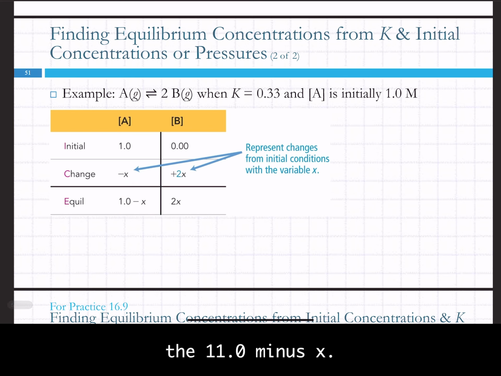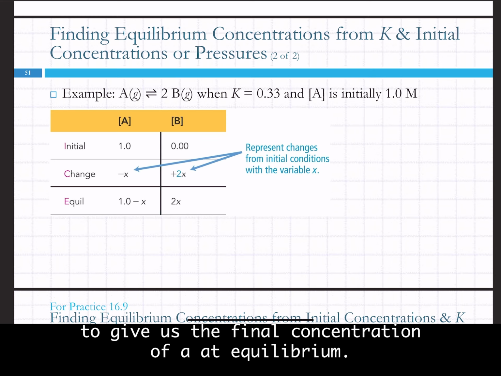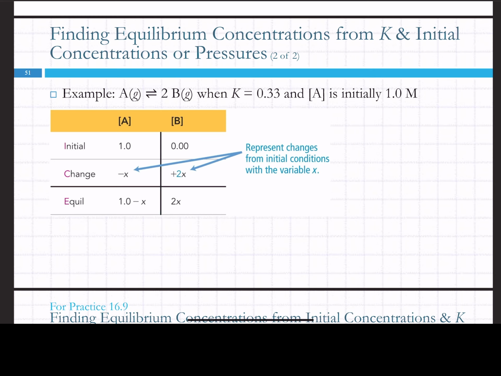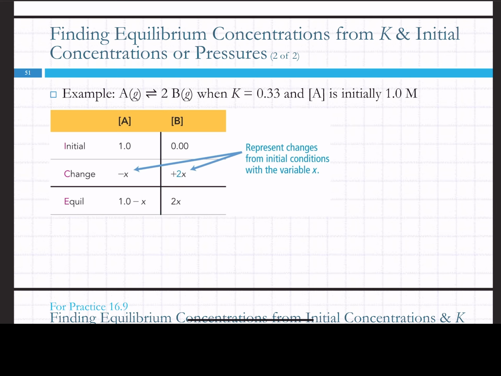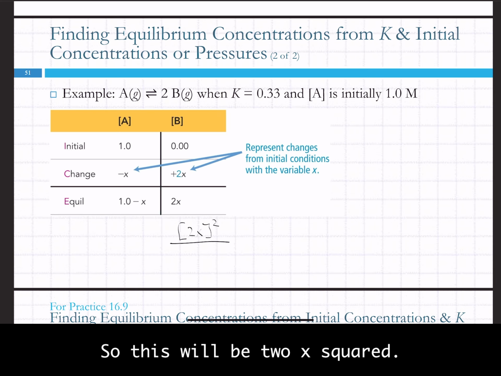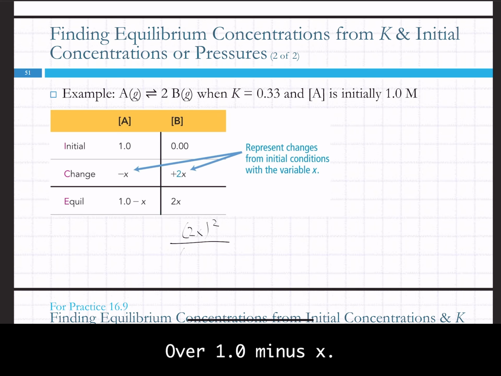The 1.0 minus x, so the initial concentration minus whatever it changes by, is what's going to give us the final concentration of A at equilibrium. And then this will be 2x. And then to solve for this, we plug those values. So this will be (2x) squared. Actually, let me just use parentheses. Over 1.0 minus x.